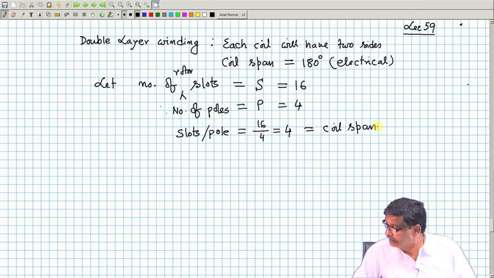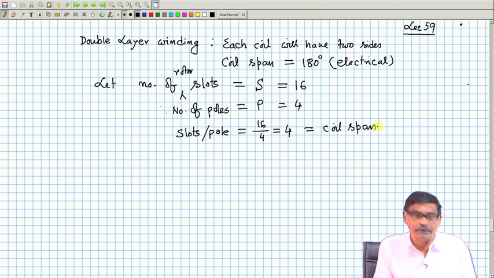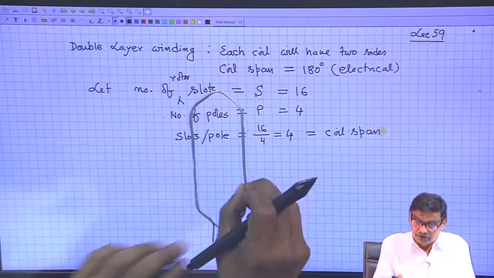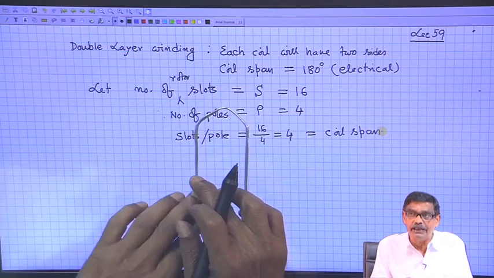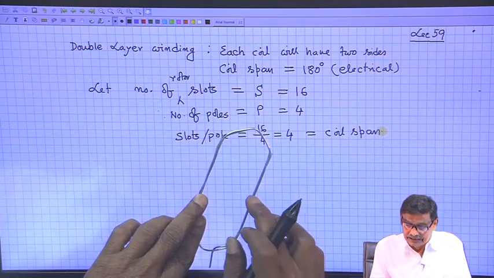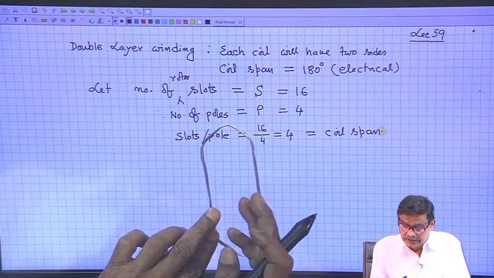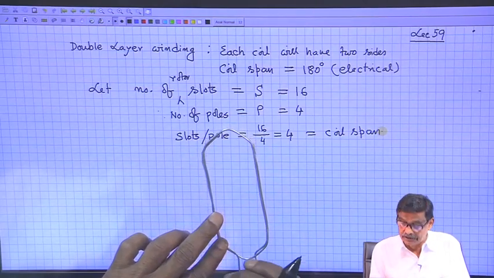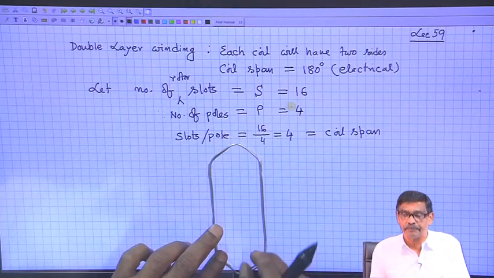What does that mean? Coil span is the difference between the two coil sides of a coil in terms of slot number. Two coil sides: this will be placed in one slot and this in another slot. They will be numbered. Take the difference of these two numbers, and that has to be equal to 4 in this case.